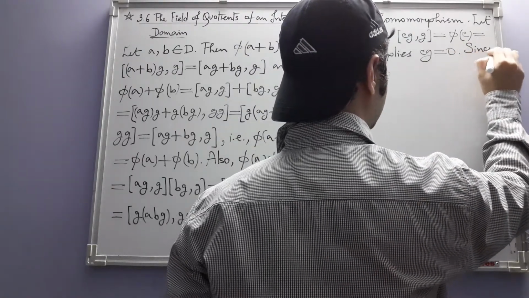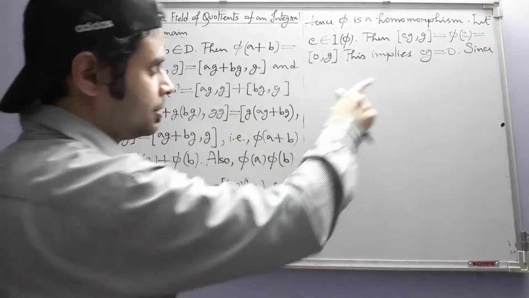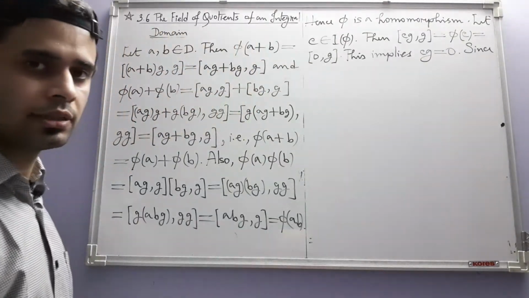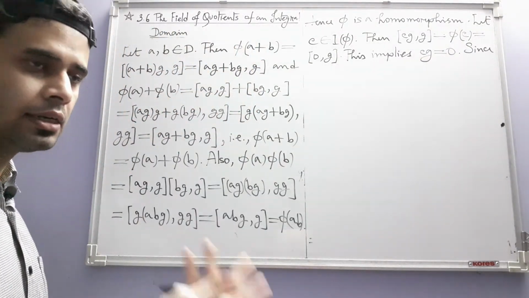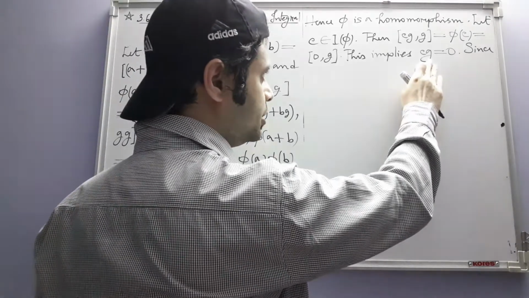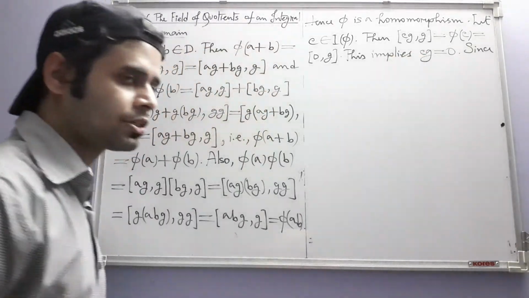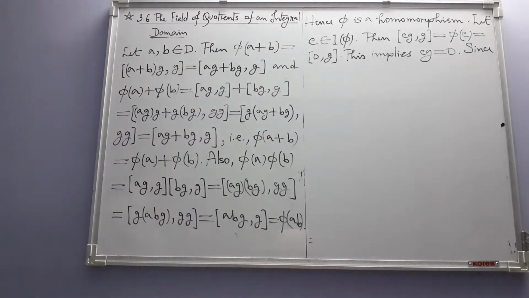But keep in mind also that G is a non-zero element in the integral domain, and since we are in an integral domain, since G is non-zero, the other thing must be 0, because an integral domain has no zero divisors.